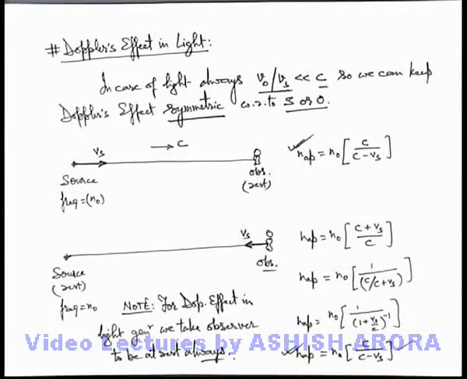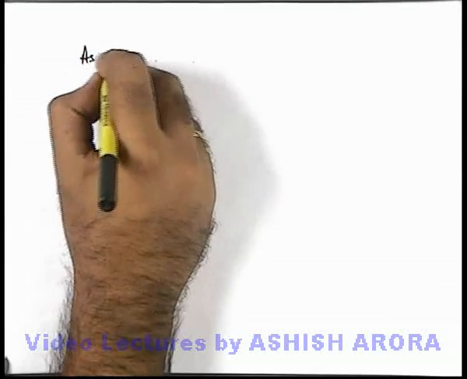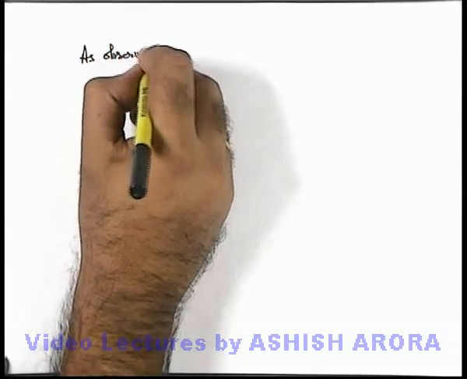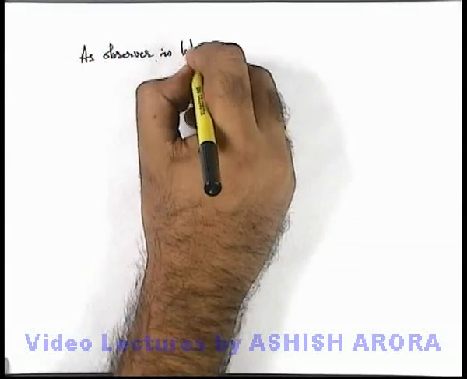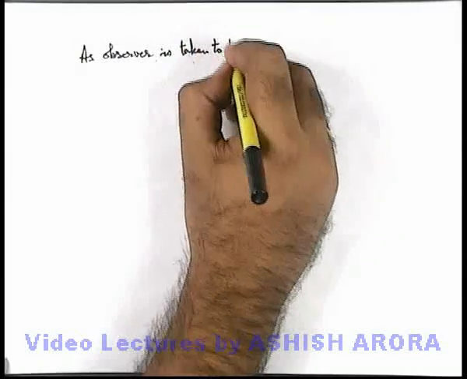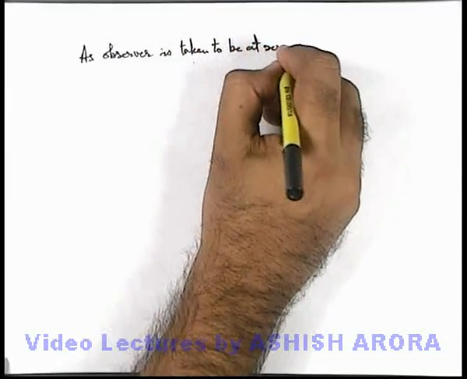So be careful about Doppler's effect in light. It can be used directly by just taking the relative velocity of the source with respect to the observer. In sequence we can state: the observer is taken to be at rest.